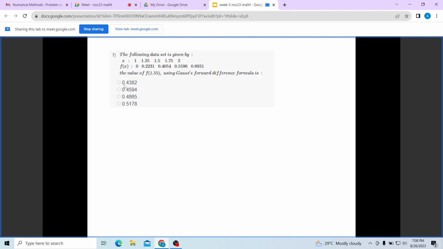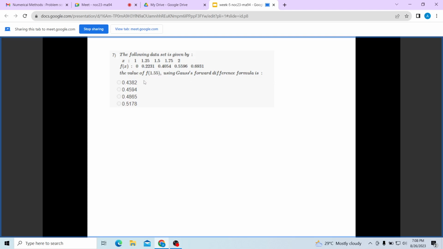Question number 7: you have been given a data set, the values of x and the values of f of x at x equals 1, 1.25, 1.5, 1.75 and 2. Now you have to calculate the value of f of 1.55 using the Gauss forward difference formula.